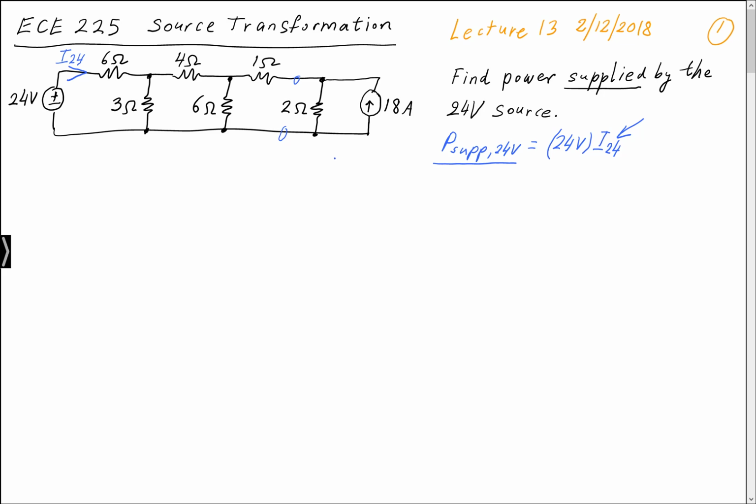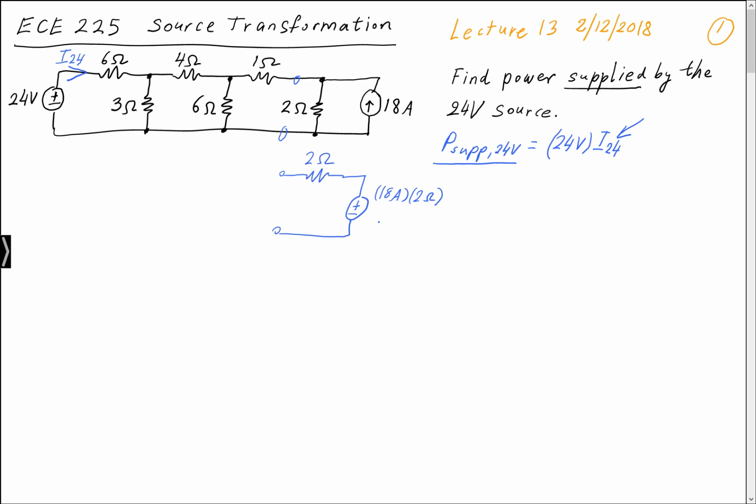If we do a source transformation on the circuit to the right, we'll have a 2 ohm resistor in series with a voltage source, and the voltage source value will be determined by the current source value, 18 amps, times 2 ohms.